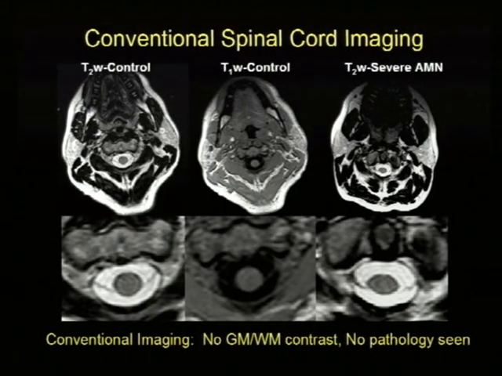In the spinal cord, it is very difficult to differentiate gray matter from white matter disease. If one images the spinal cord of patients with the adult form with conventional techniques, one can show that the spinal cord is a little thinner than it should be, but otherwise you cannot take it further.